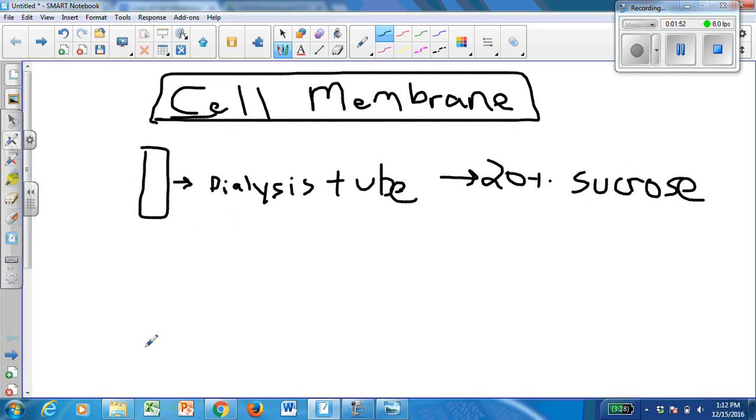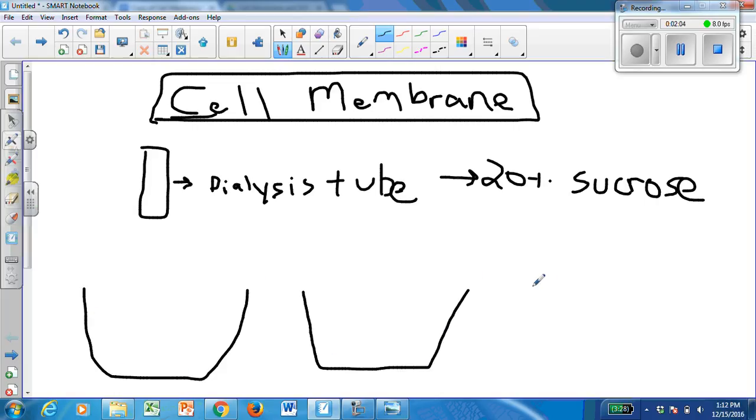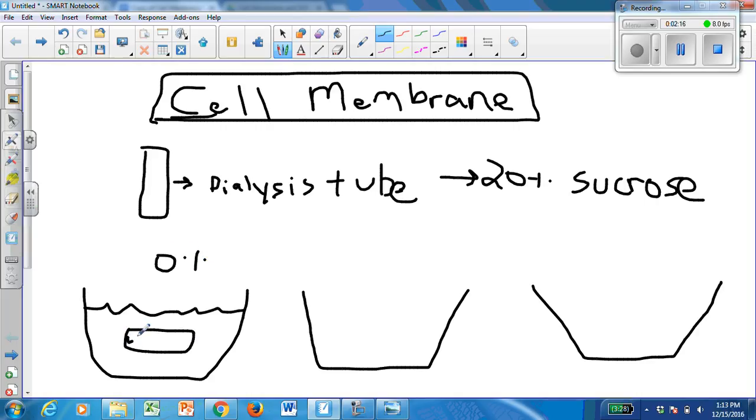We filled 3 of them because we're going to put this dialysis tube, which is supposed to simulate the cell membrane, with 20% sucrose in 3 different scenarios. We have cup 1, cup 2, and cup 3. In cup 1, we had just water, 0% solution. We plopped in a dialysis tube filled with sucrose, and we let it sit.